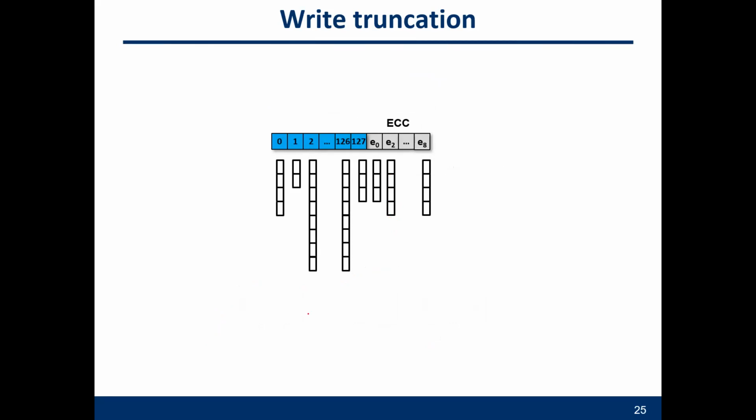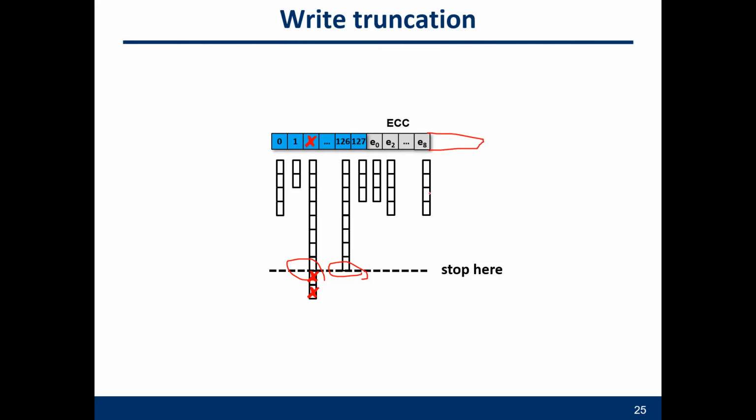If unfortunately you have two difficult-to-write cells, at this time we have to wait until one cell finishes write, and we can use the ECC to cover the most difficult-to-write cell. If you want to cover two cells, then you need to have a longer ECC. So this is a trade-off.